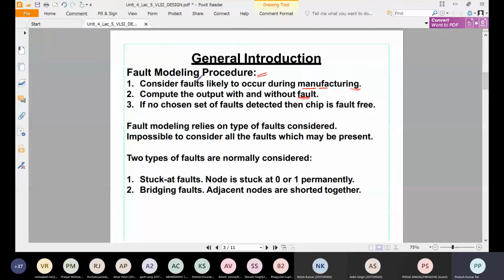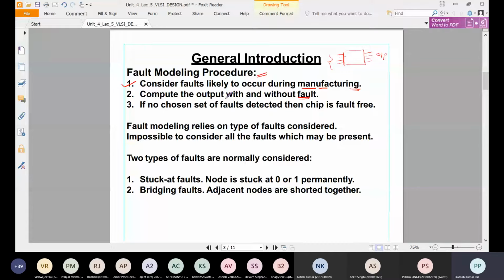So what we will do is compute the output for all possible input patterns, or even a limited number of input patterns, and we will be checking the output. This output could be correct or it could be incorrect. So we will be checking the output with the fault and without the fault.